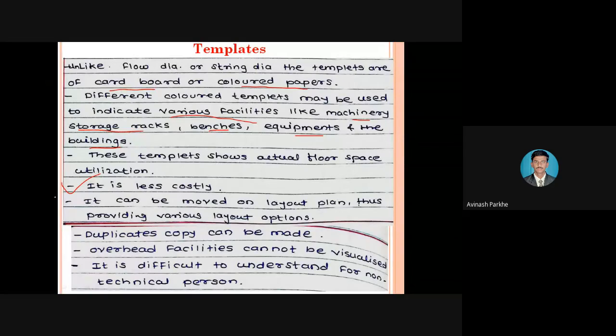Therefore, it is very less costly, and it can be moved from one layout to another. Also, duplicate copies can be made. Duplicate copies can be made means, if I have to implement the same templates and the same colors in another location, I can make a duplicate copy as it is and implement all the templates in another layout. Because at one location your manufacturing is going on, at another location the same manufacturing is going on, and again at a third location.